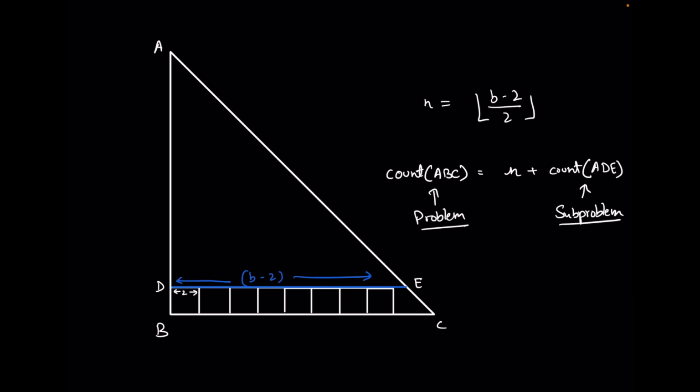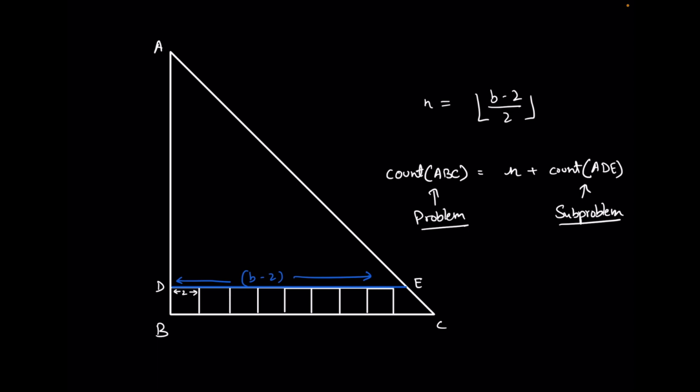Now, what we are basically doing in writing a relation like this, or what we'll be doing in code, when we make a function in code called count, is that we'll assume offhand, just without any basis, that count of ADE, this function call on this ADE triangle, returns us the absolutely correct answer, right?